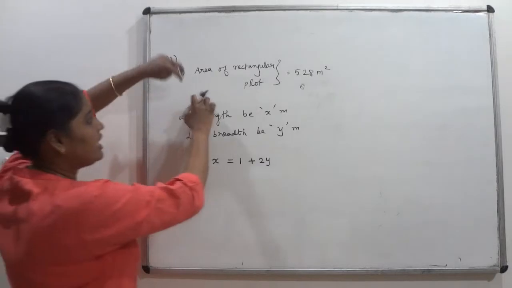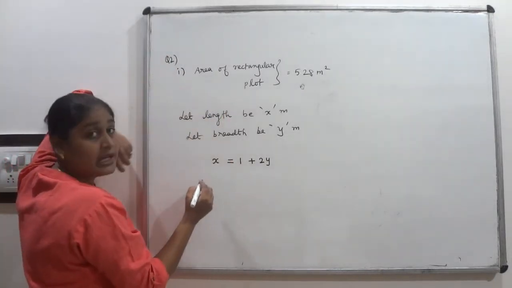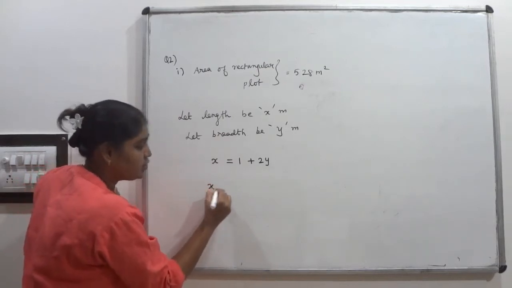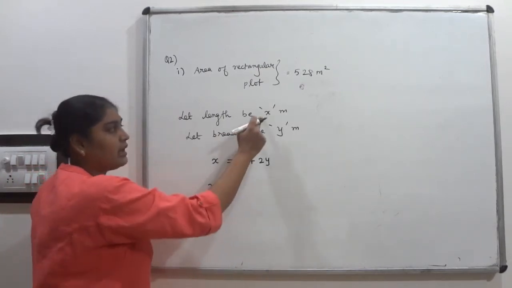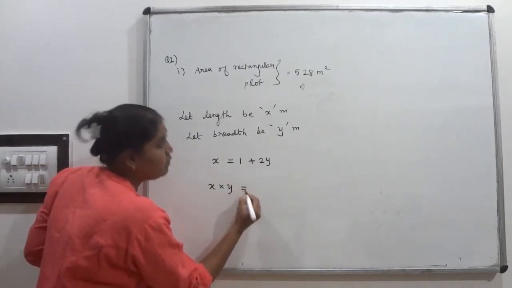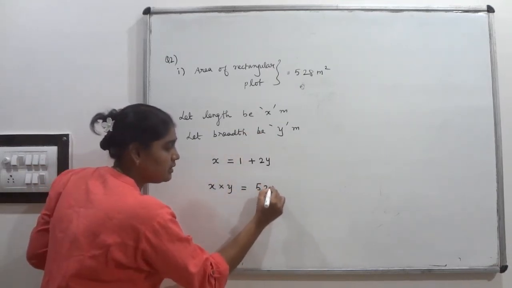You know the area of a rectangle. What is the formula? Length into breadth, that is x into y, with length as x and breadth as y, which is equal to 528.